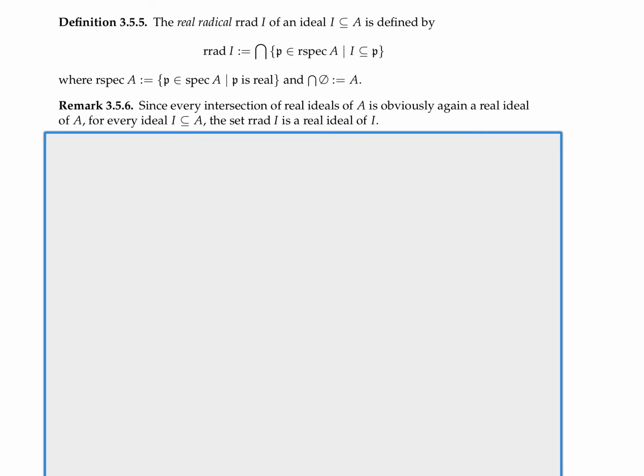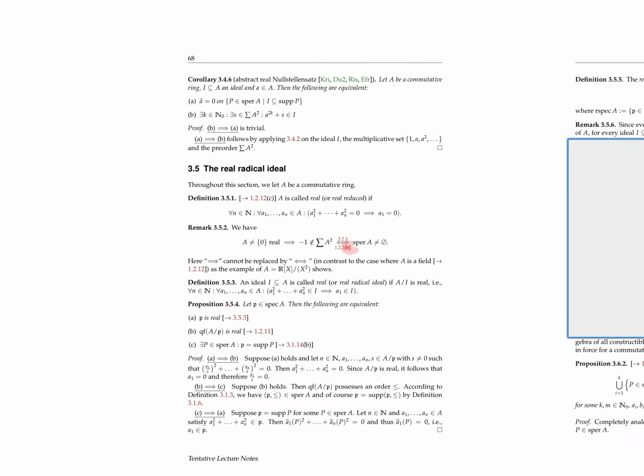Since every intersection of real ideals of A is obviously again a real ideal of A, that's very easy to see by the definition of real ideal.